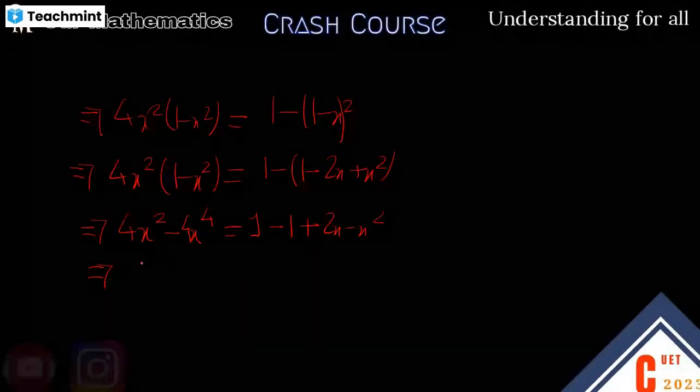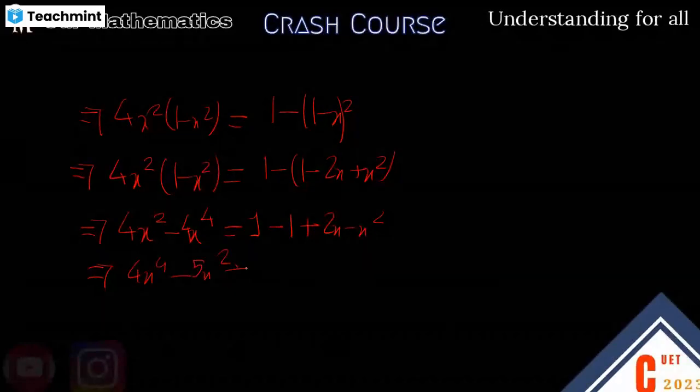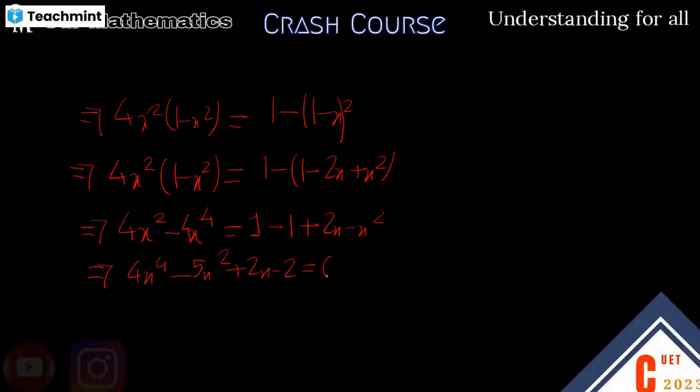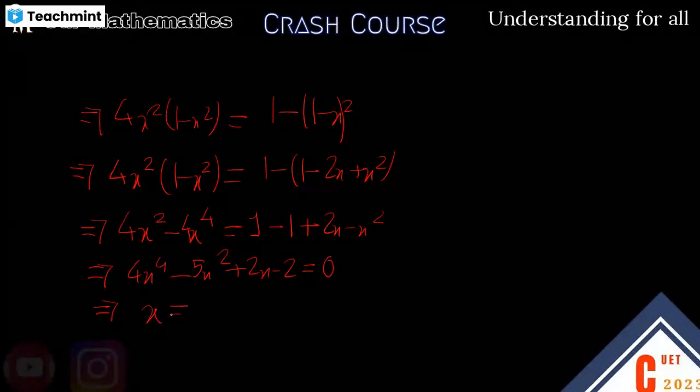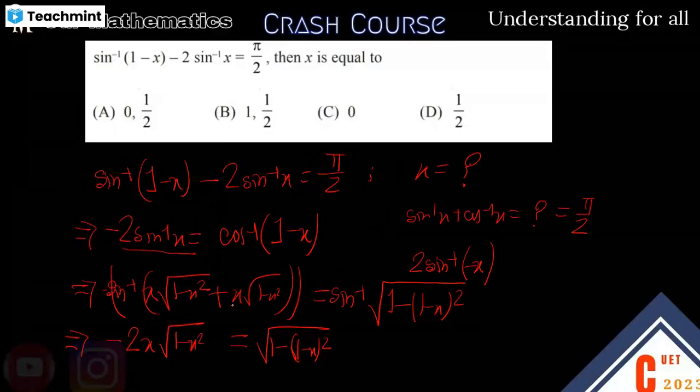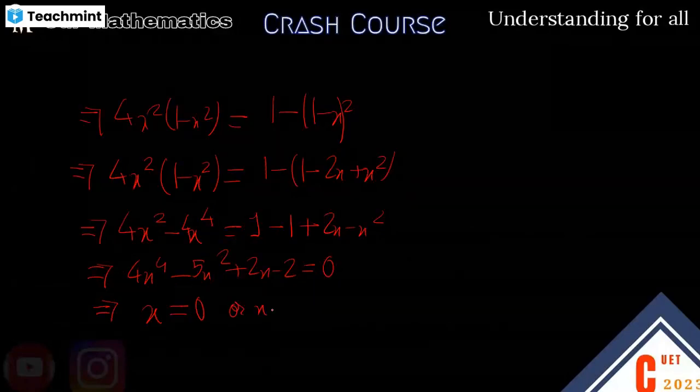We will get what? We will get 4x to the power 4 minus 5x square plus twice x minus 2 is equal to 0. And if you solve this equation, we will get x is equal to 0 or x is equal to half.